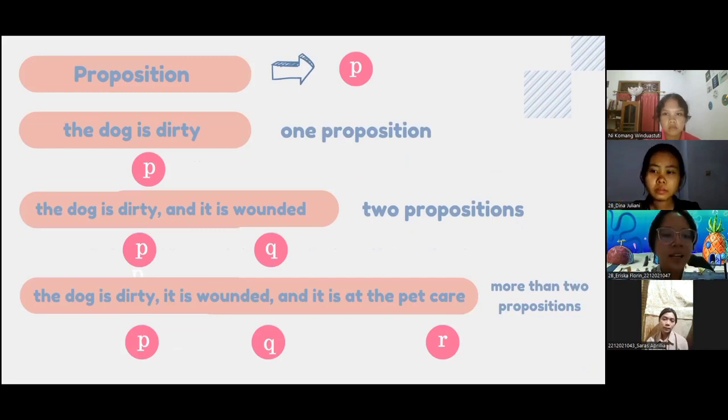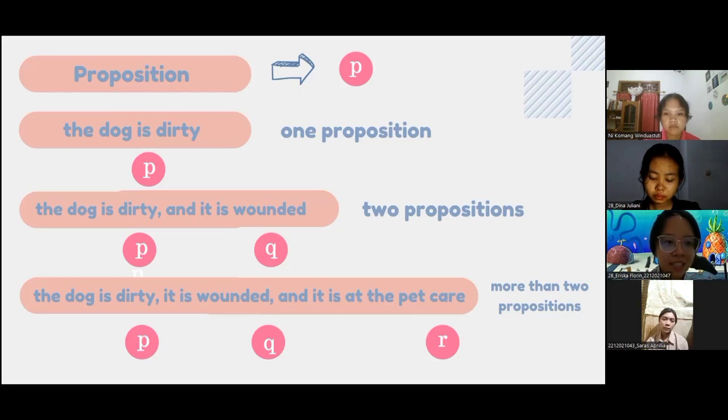Okay, so proposition is symbolized by P, and I have a sentence that is, the dog is dirty. This is one proposition symbolized by P, and then we have, it is wounded.